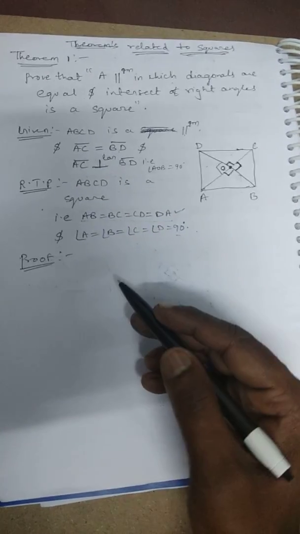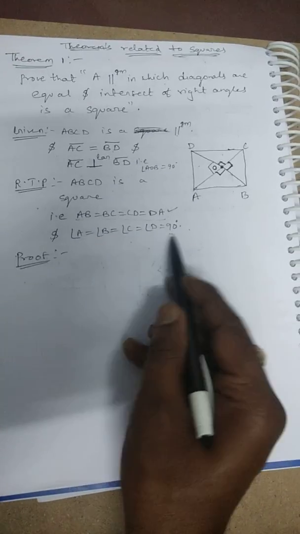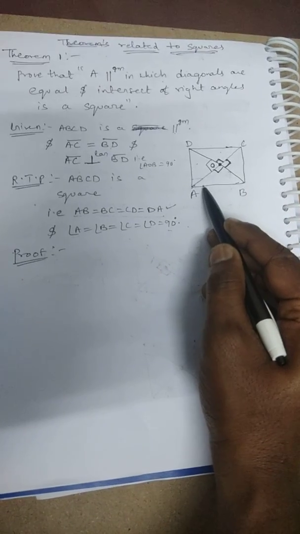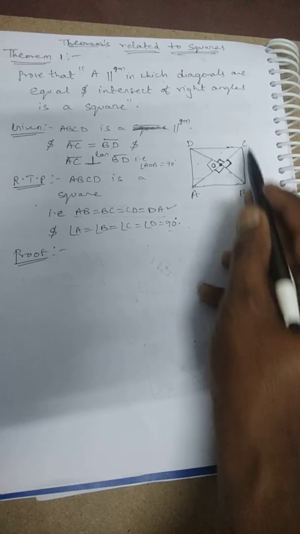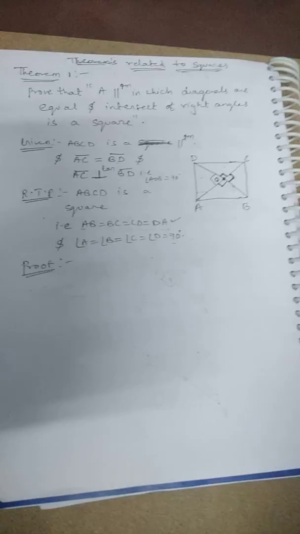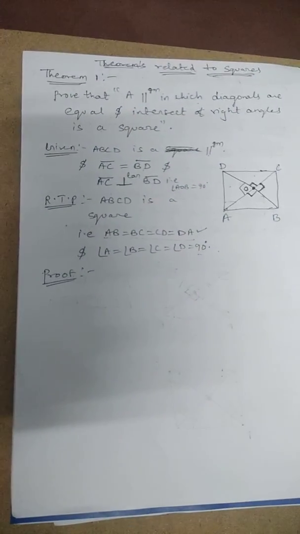Then I can say that it is a square. No need to prove all angles. If I prove one angle is 90, automatically all other angles become 90 degrees. That is the way we are going to do.